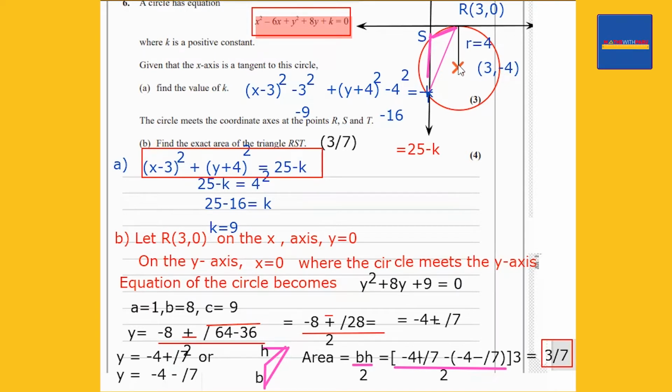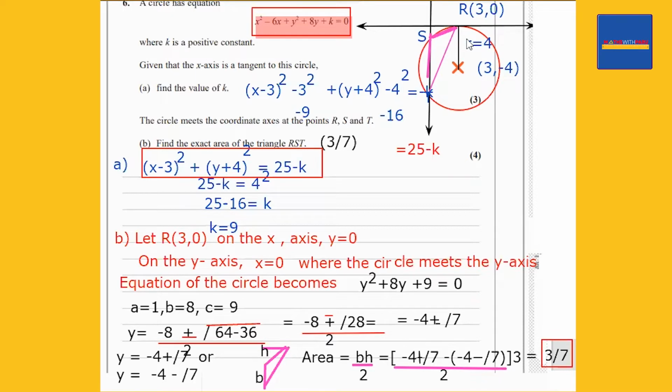Now, since the x-axis is a tangent, we can clearly see that the radius is equal to 4. So we have a lot of information there. We know that the center is 3, minus 4. We know the radius is 4.